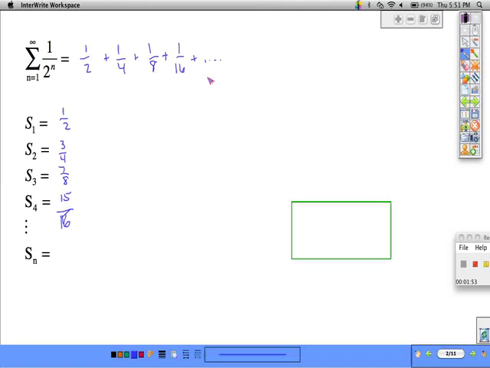If we look at the nth partial sum, we want to come up with some sort of an explicit rule to give us that nth partial sum. What you may notice is that in all of these terms, the numerator is 1 less than the denominator, and that denominator is always a power of 2.